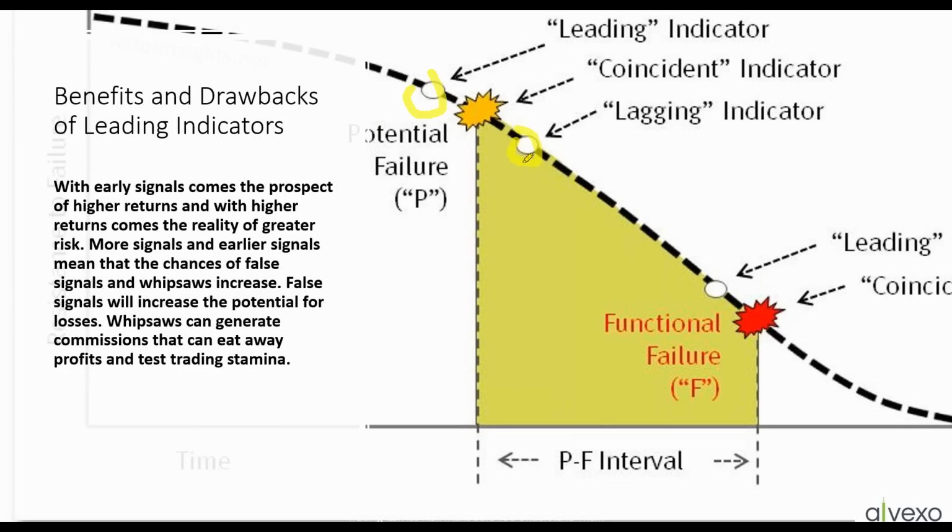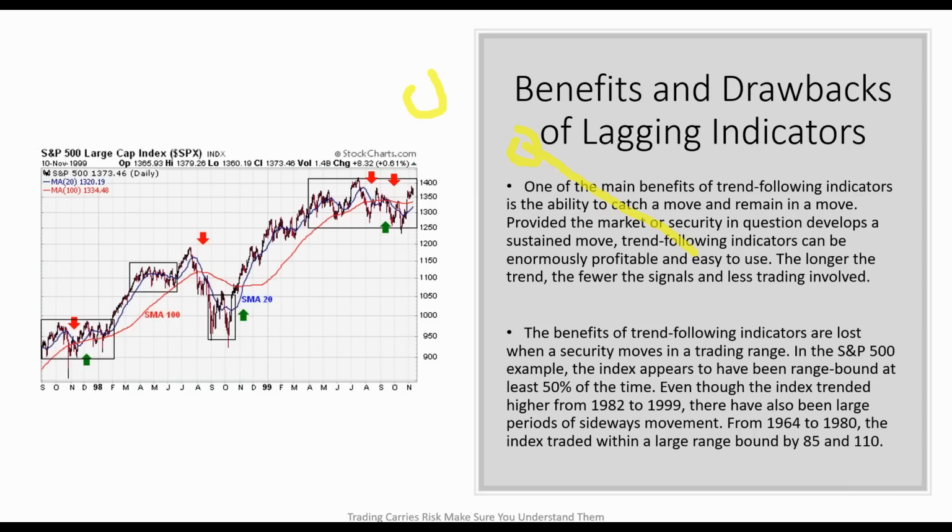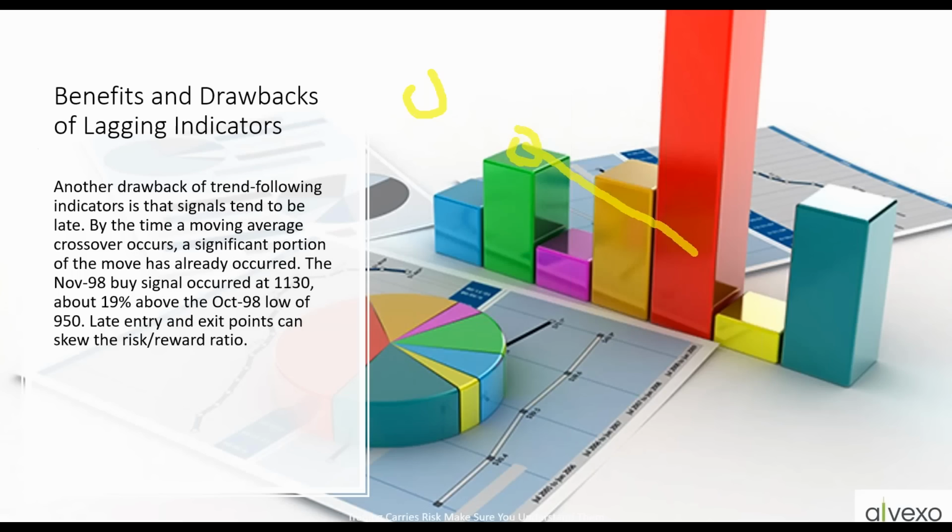Okay. Lagging indicators are usually more reliable because the change has already happened. Now, as their name implies, lagging indicators follow the price action and are commonly referred to as trend-following indicators. Rarely, if ever, will these indicators lead the price of a security.